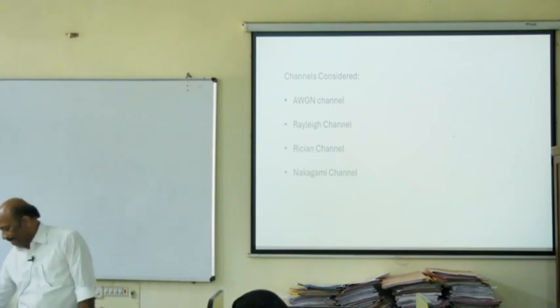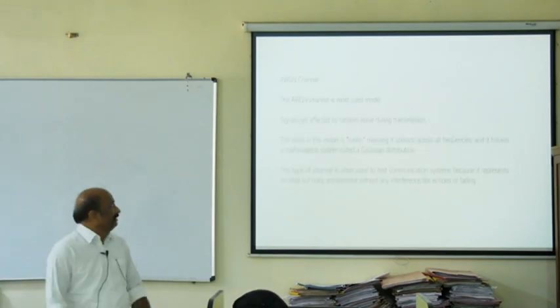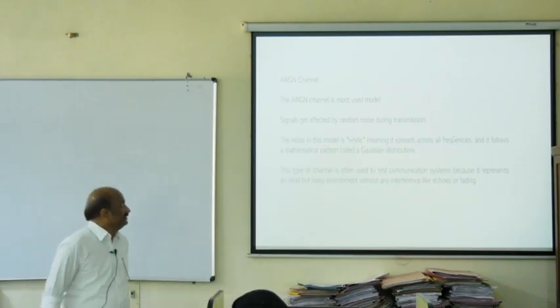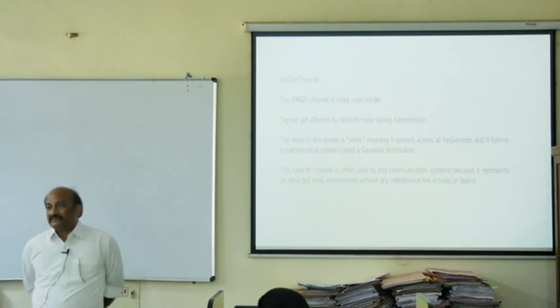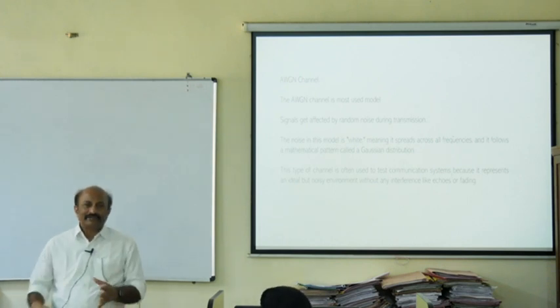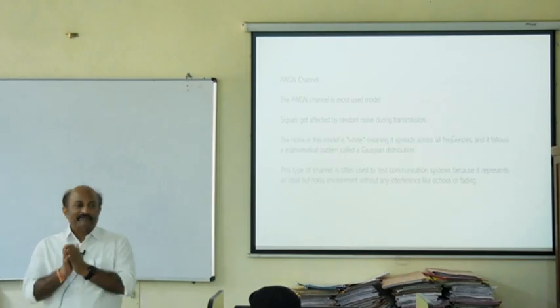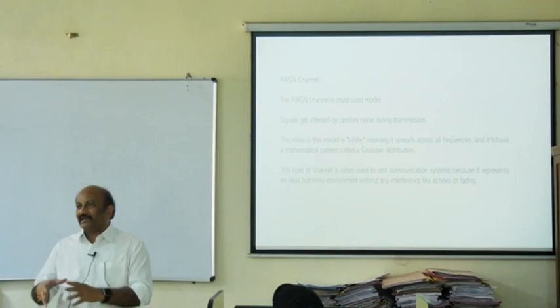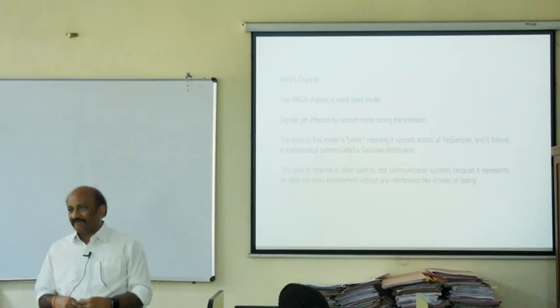If you look at the AWGN channel, you can see that the signal is affected by all the frequencies, not by one particular frequency. Most of the cases, if the frequency is narrowed down, some noises will be affecting, and the other frequencies will not be affected.